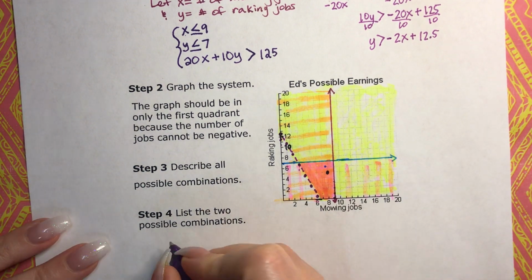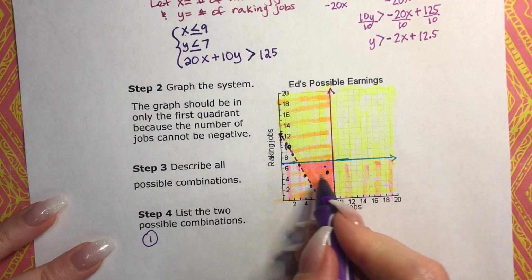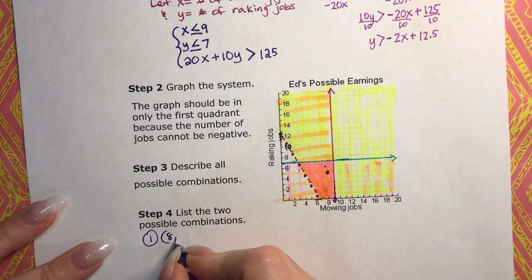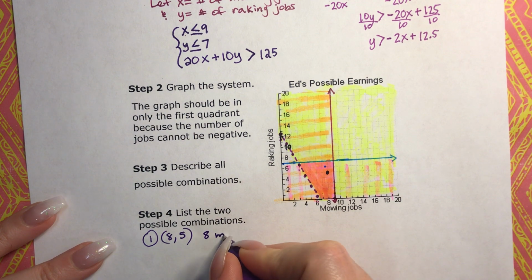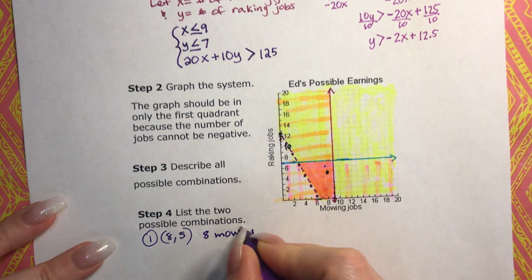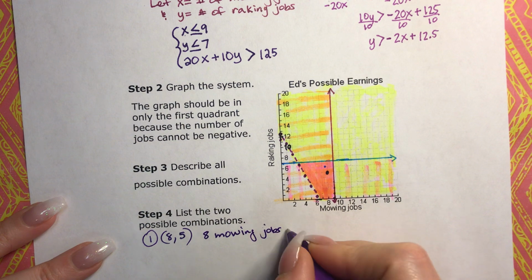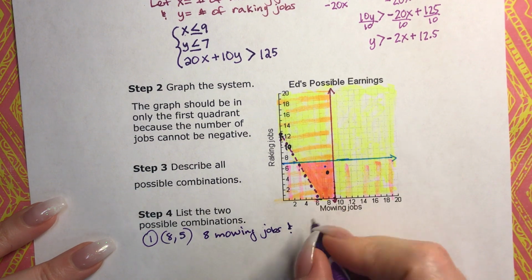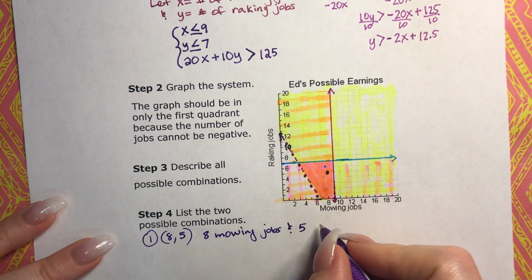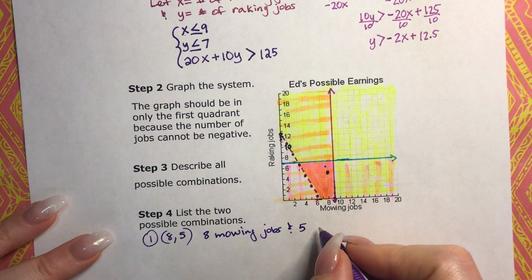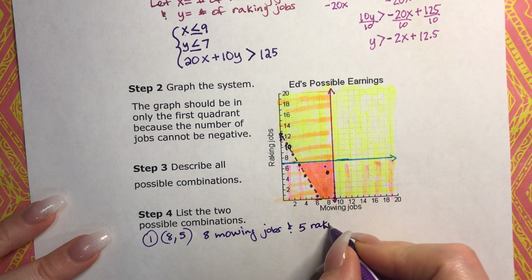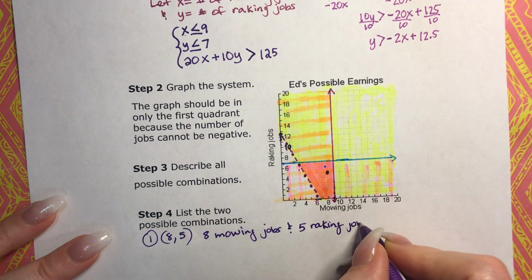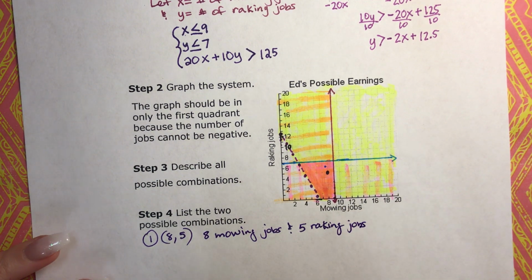So that's one possible solution, 8, 5, that ordered pair, which represents 8 mowing jobs and 5 raking jobs. All right, and what's another one?